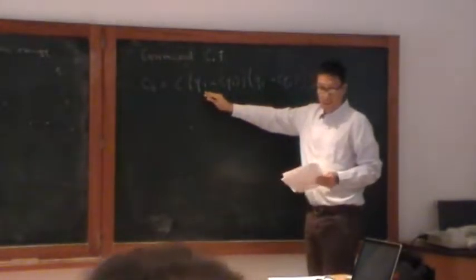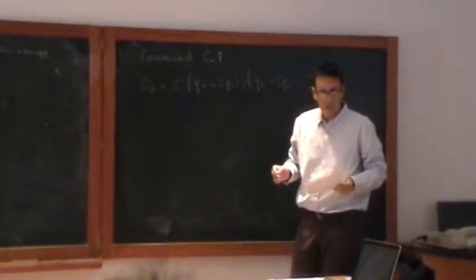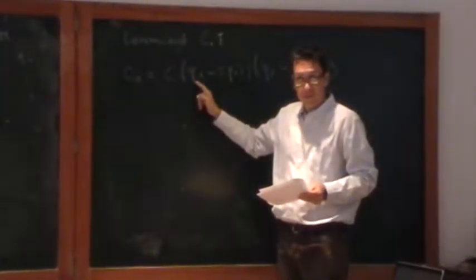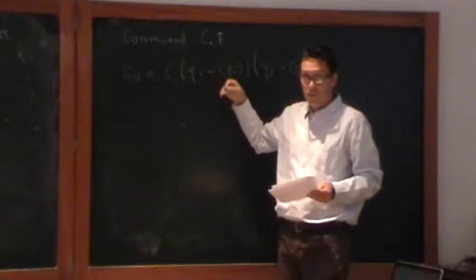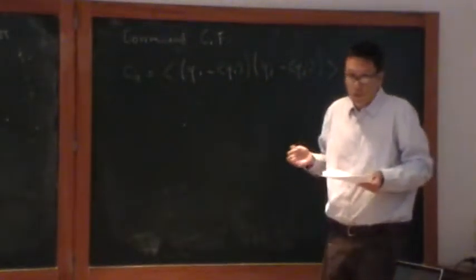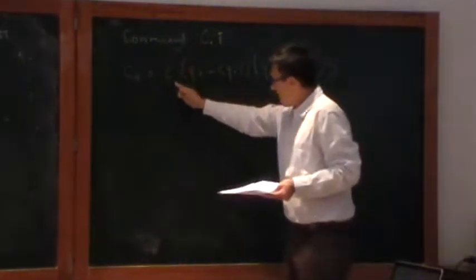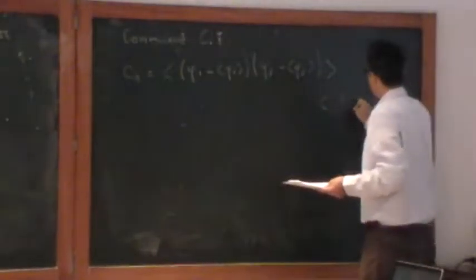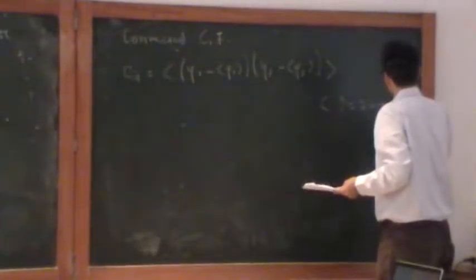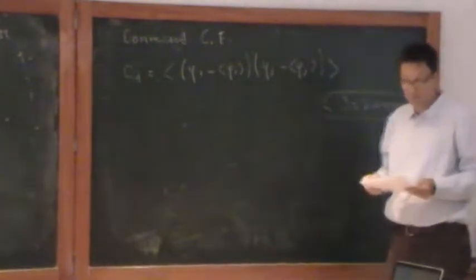So what is phi here? Phi is your preferred degrees of freedom, what you're observing. It could be the position of the particles, the velocities, whatever you're observing in your system. It is your order parameter. This bracket means average, and I will show you in a minute what kind of average we should do.